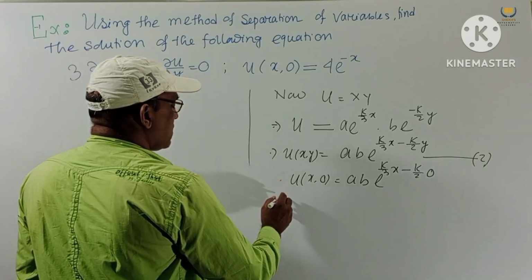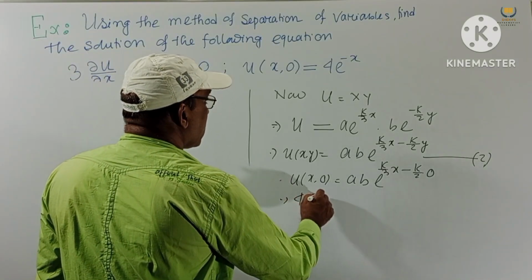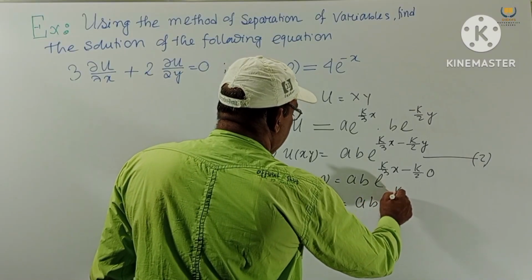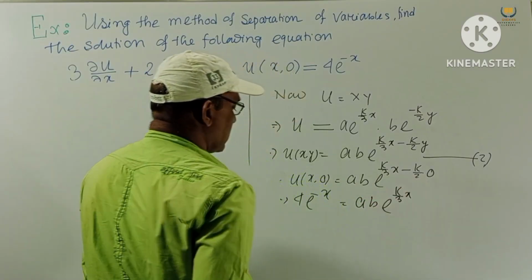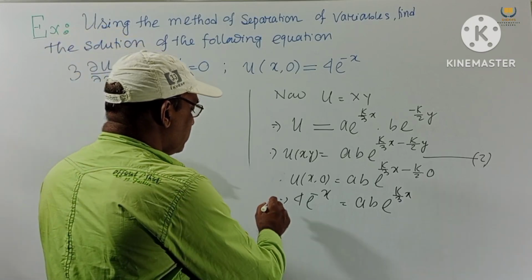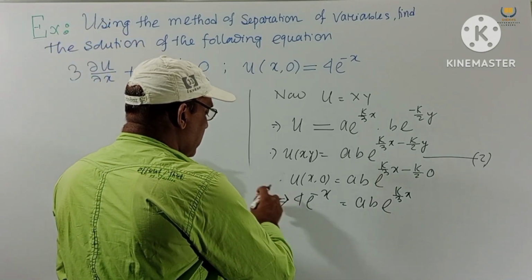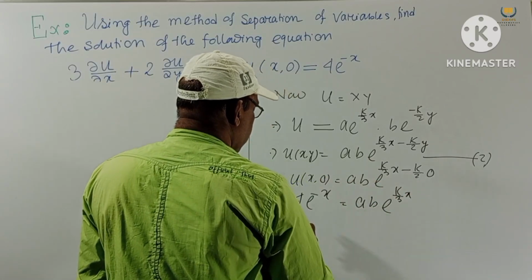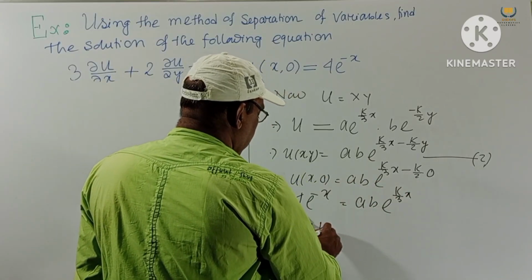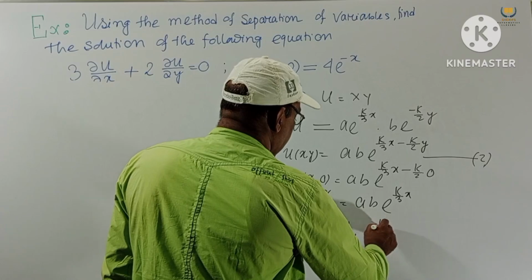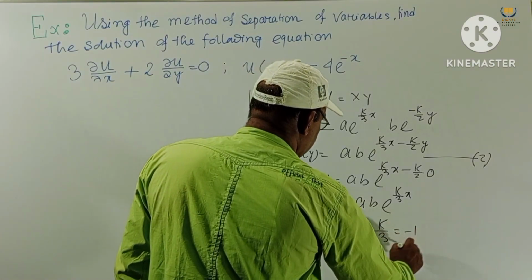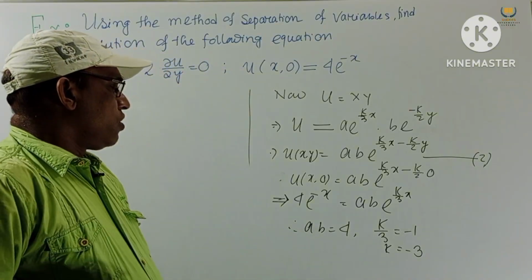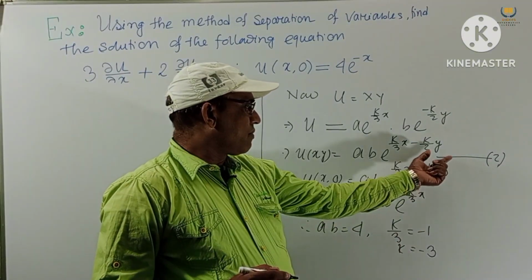And u of x comma 0 is given as 4 e to the power minus x. If we equate, then ab equal to 4 and k by 3 equal to minus 1. Therefore, we get ab equal to 4 and k by 3 equal to minus 1, and k equal to minus 3. We put these values in equation number 2.